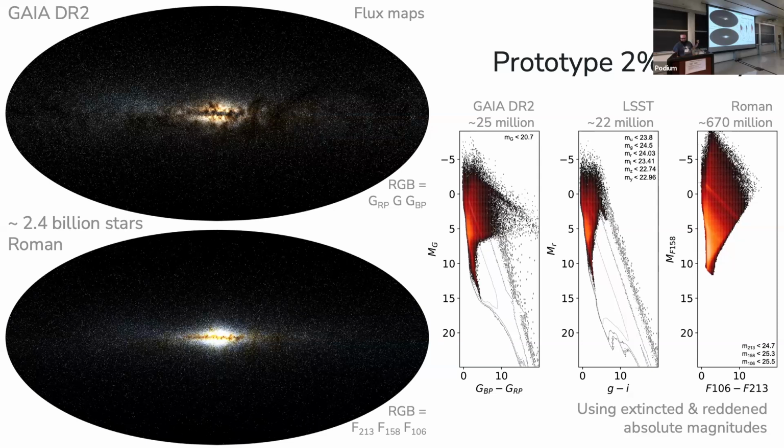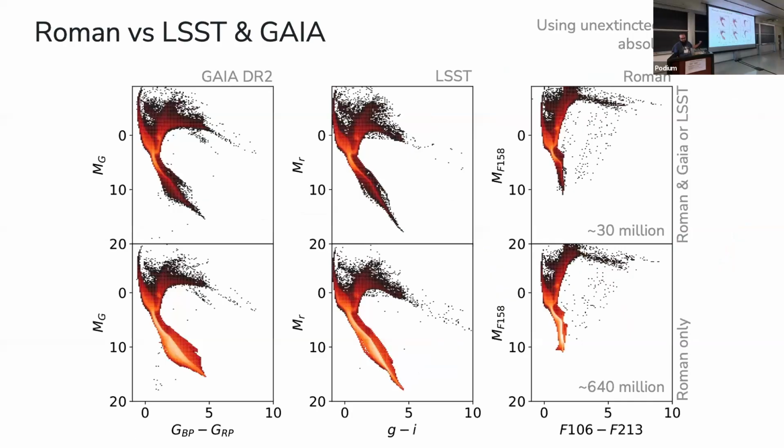We wanted to understand a bit further what those stars that are being detected only by Roman are. So here we're looking at color-magnitude diagrams using unextincted and unreddened absolute magnitudes this time, to look at their physical characteristics. On the top, what we're looking at are the stars that are detected by both Roman as well as Gaia or LSST. In the bottom, those are the Roman-only detections.